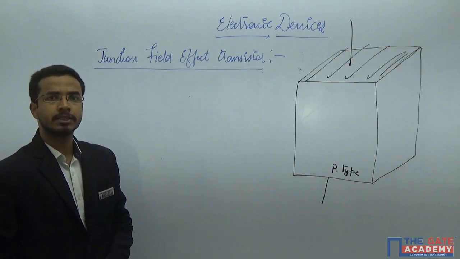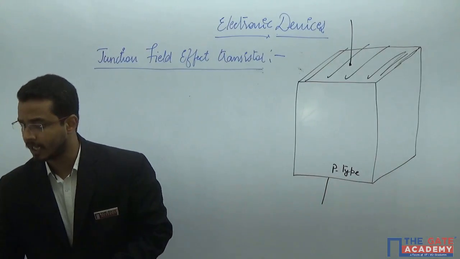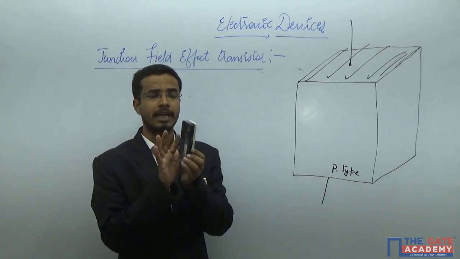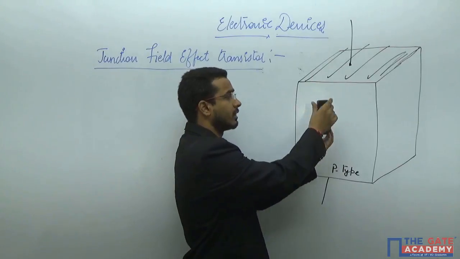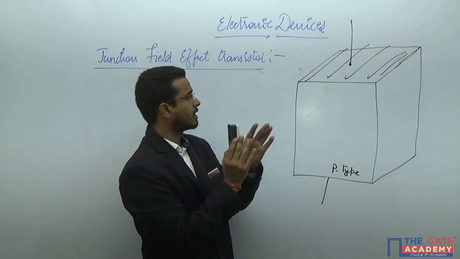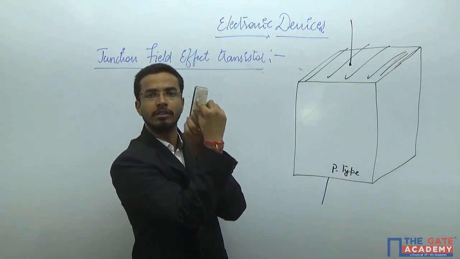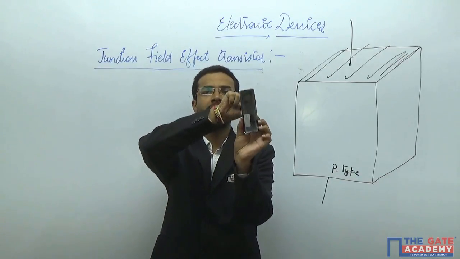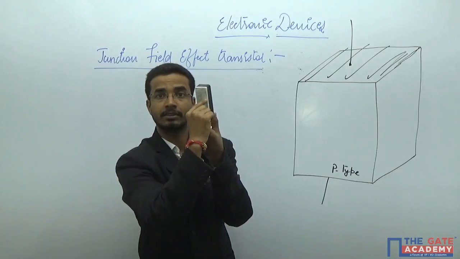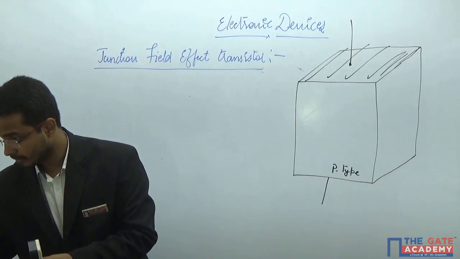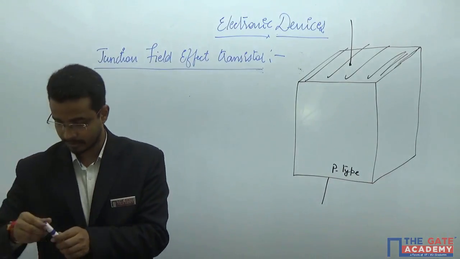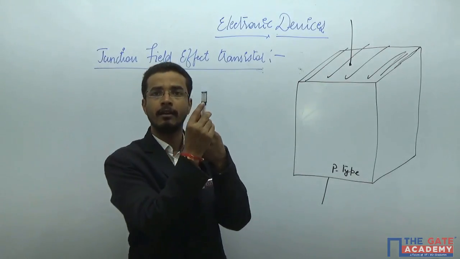And after this, you will dope with any other type of impurity. That means if it is this block, what will you do? You will try to cover this entire portion, the cross section of this, with any other type of impurities. Are you able to see this ring?